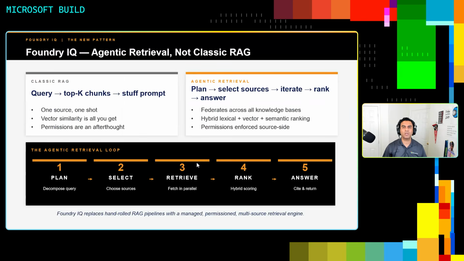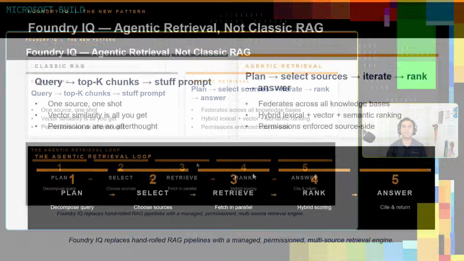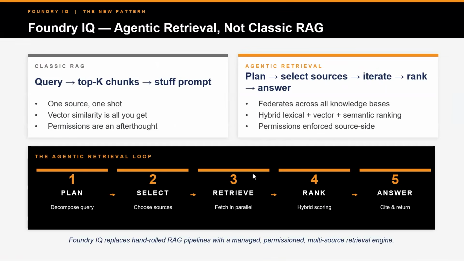When it comes to Foundry IQ, it's much more than your traditional RAG, or retrieval augmented generation. It actually provides you agentic retrieval. So in classic RAG, let's say I'm building a RAG application, an agent for the HR department, and my employee handbook is in Azure Blob Storage.